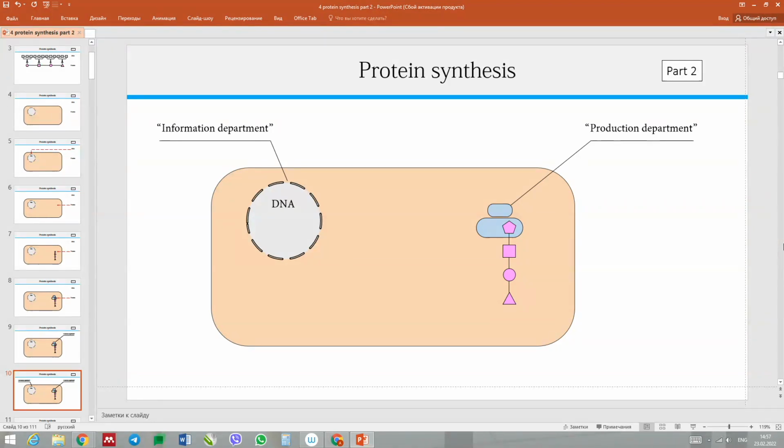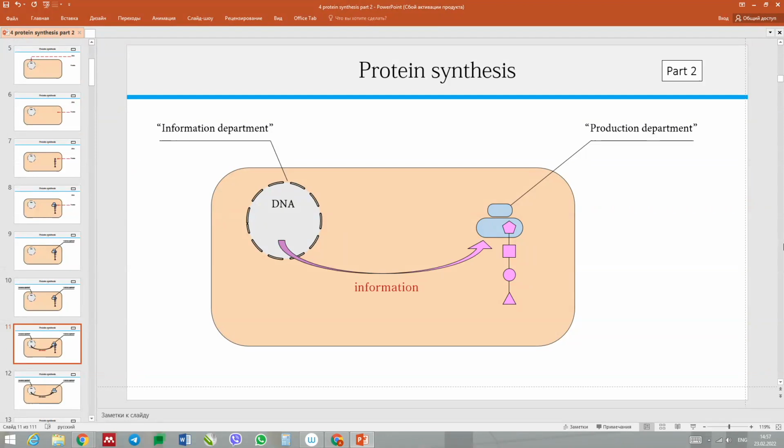And what we have to do, we have to transfer information from the information department to the production department. But we are not allowed to take DNA out of the nucleus. In order to do this job, we need a special transport system.